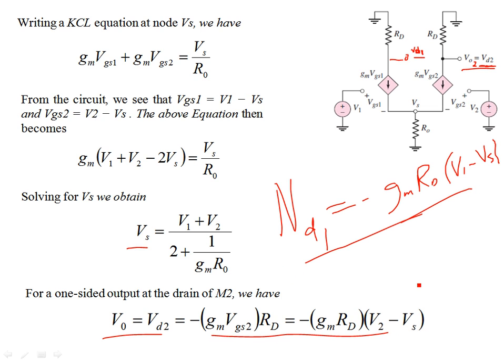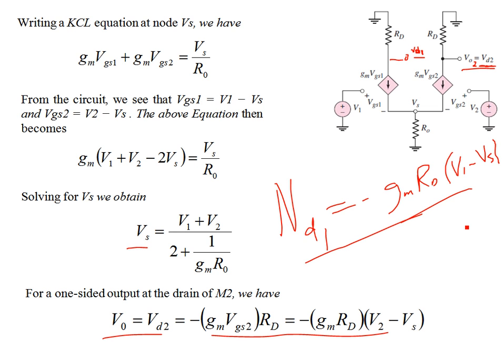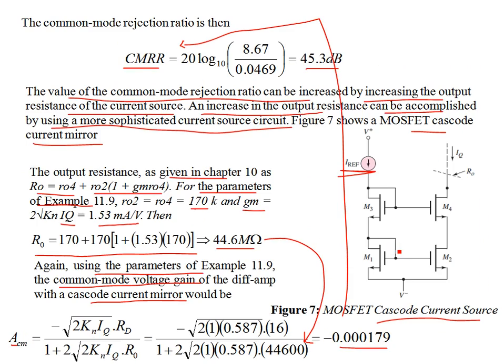because of V2 and Vs, you will have a difference of V2 minus V1, and Vs is going to go out. The expression that you're going to have is GM RD. This will be the output voltage.